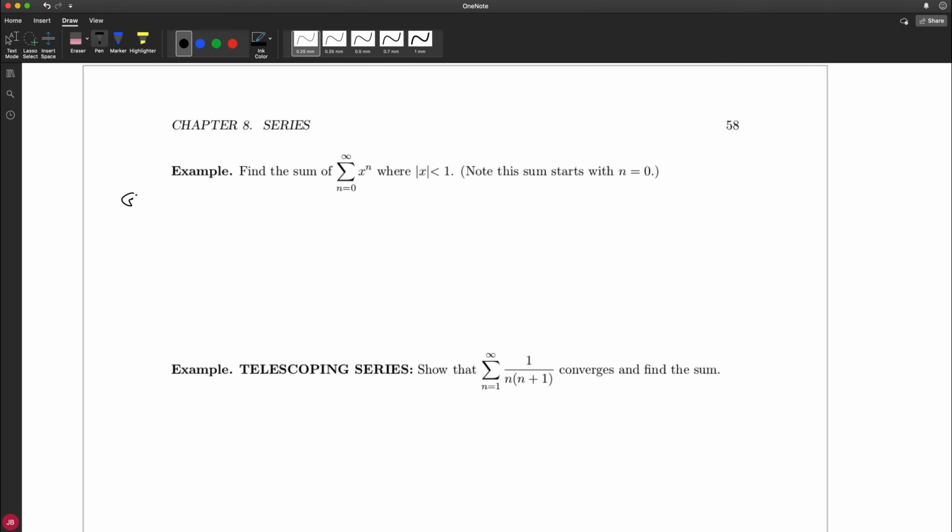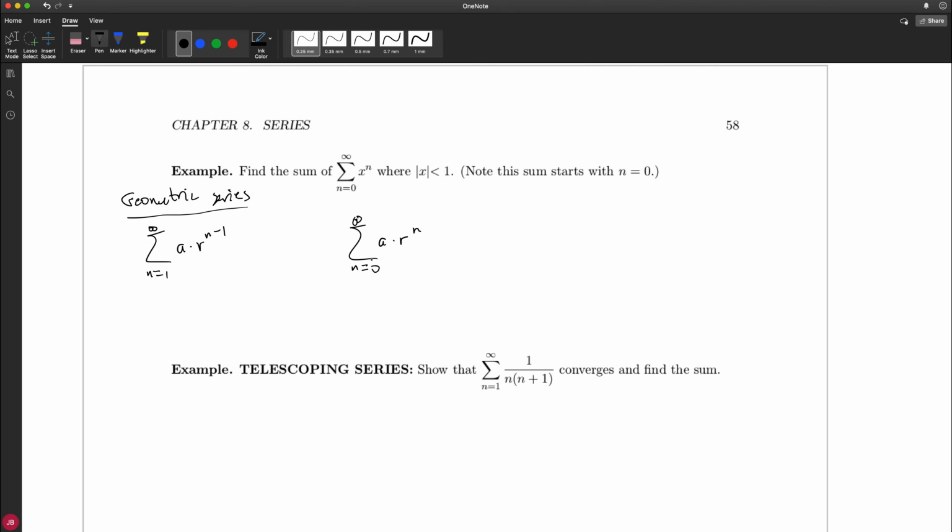For geometric series, they typically come in two flavors. There's the one that we commonly know, where it's the sum n equals 1 to infinity of a times r to the n minus 1. But also, they can start at n equals 0, and the only difference is that the power of the common ratio is no longer n minus 1, it's just n.